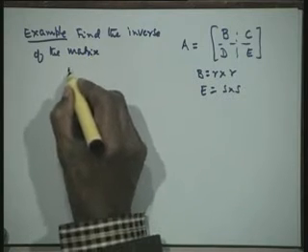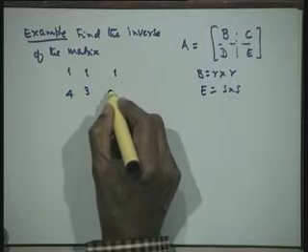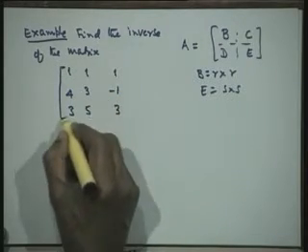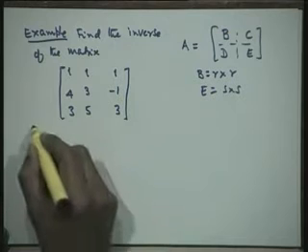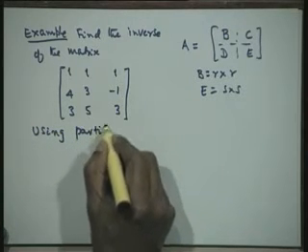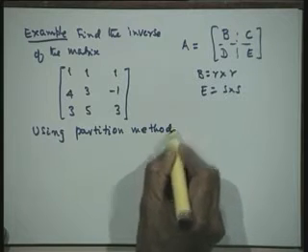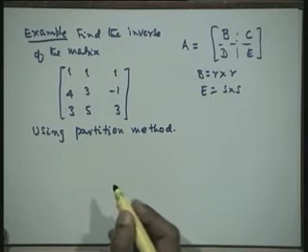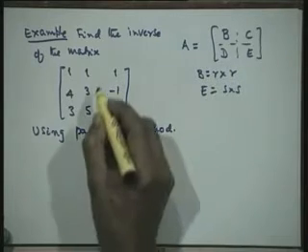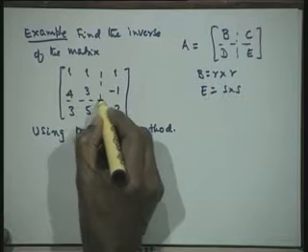Let us just take a 3 by 3 matrix, so that it is easy for us to illustrate this, using the partition method. Now, let us partition it using this partition.